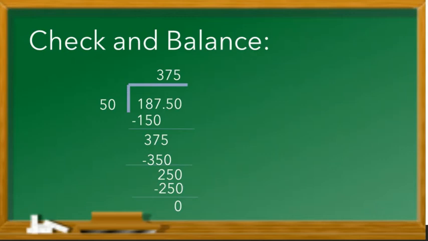And 5 times 50 is 250. So the answer is 0. So 0 divided by 50 is 0, and 0 times 50 is 0. So what is the answer? So I am going to count from right to left. We have 1, 2, up until I reach the decimal point. So 1, 2, we have 37.50.